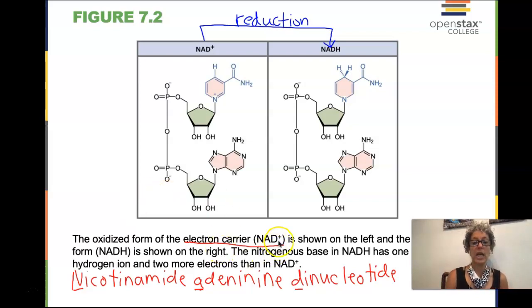So these NAD+, and we will see another coenzyme called FAD, for flavin adenine dinucleotide, act alongside the enzymes to capture the hydrogens that get removed during oxidation reactions. And then, because they are carrying those hydrogens, that is potential chemical energy. That will be a molecule that we will be keeping track of as we move through the various types of metabolic reactions.